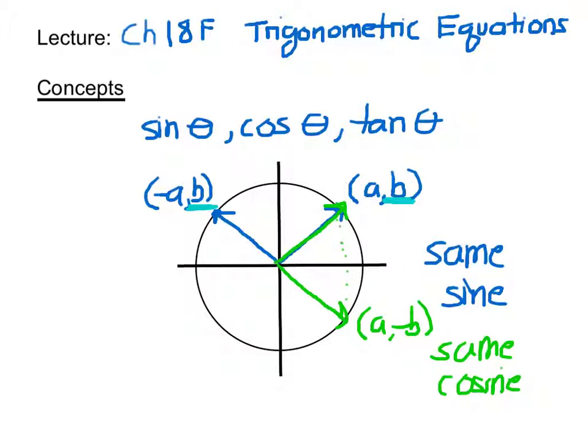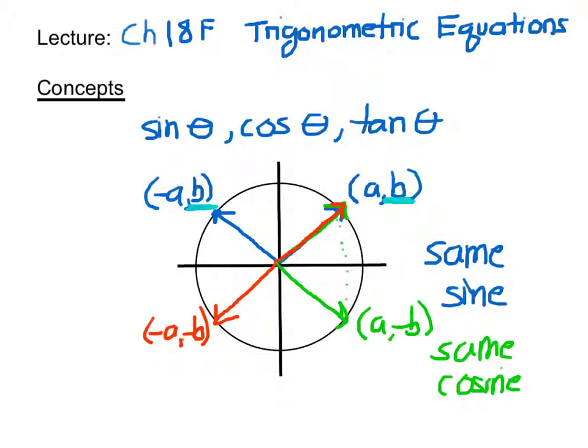Here, one last case. Again, we'll take the same first point in the first quadrant, and then we'll take a point in the third quadrant. And notice that I don't have either the same x or same y coordinates, but I do have their negatives.